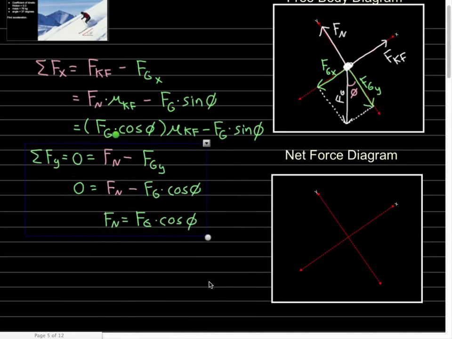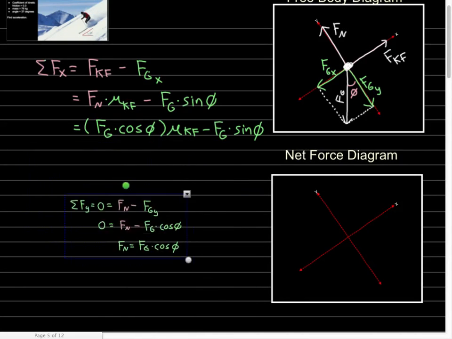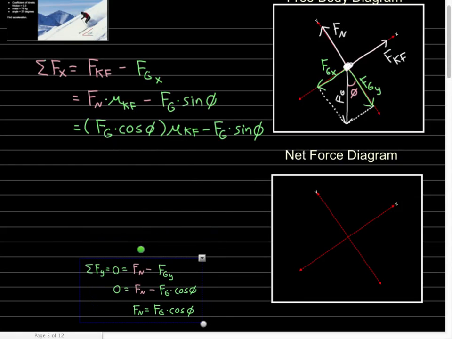Actually solving this problem real quick, we'll take it one step further. Fg is going to equal mg. We know his mass, we know gravity, times the cosine of the angle, which was known, times the coefficient of friction, which was known, minus the force of gravity, which is mg, times the sine of theta.